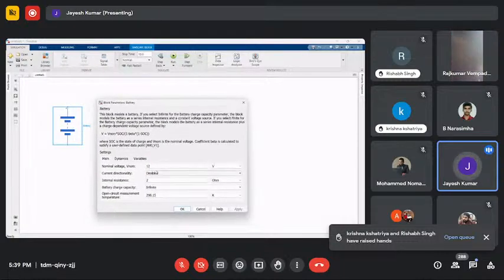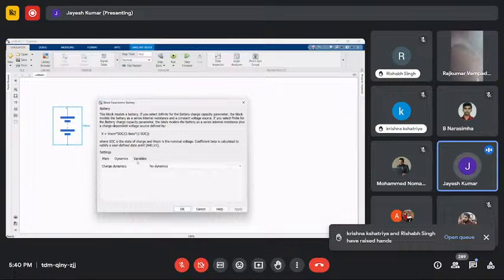This battery is providing 12 volt as a nominal voltage and internal resistance is 2 ohm. The dynamics are fixed, no dynamics I need. Variable charge, yes, I need a charge of 50 ampere.